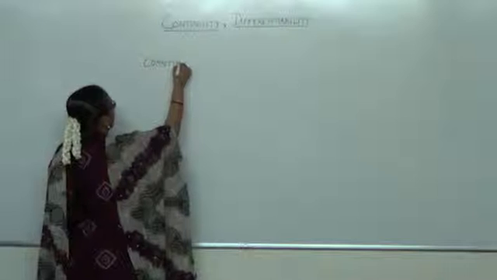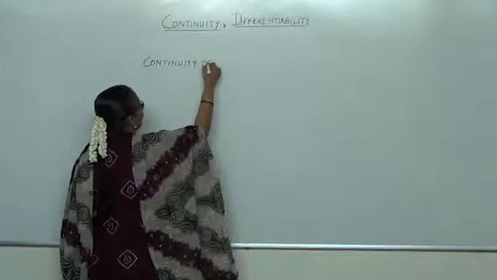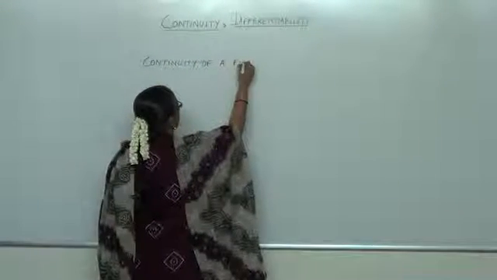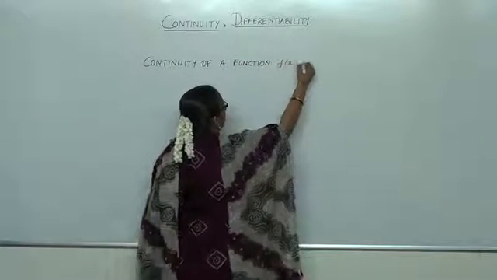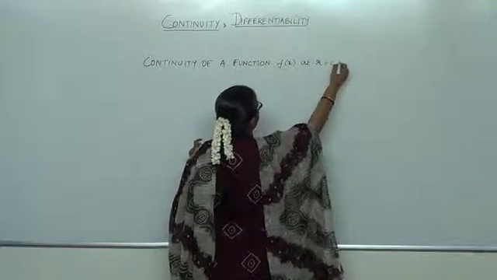So it is continuity of a function f of x at x is equal to c. Now how is this defined?